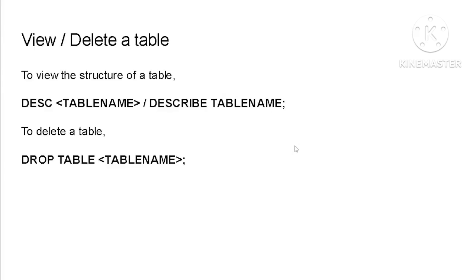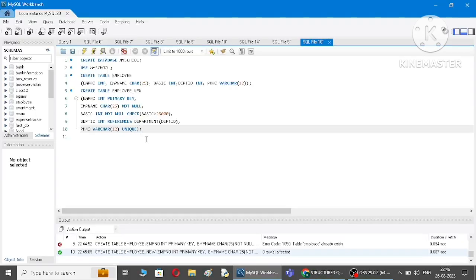Now, if you wish to check if the table has been correctly created, what is the description of the structure, how is your table created, then you can use the keyword DESC, describe the table. You can use the full form or the short form to describe the structure of a table. So let me show you.